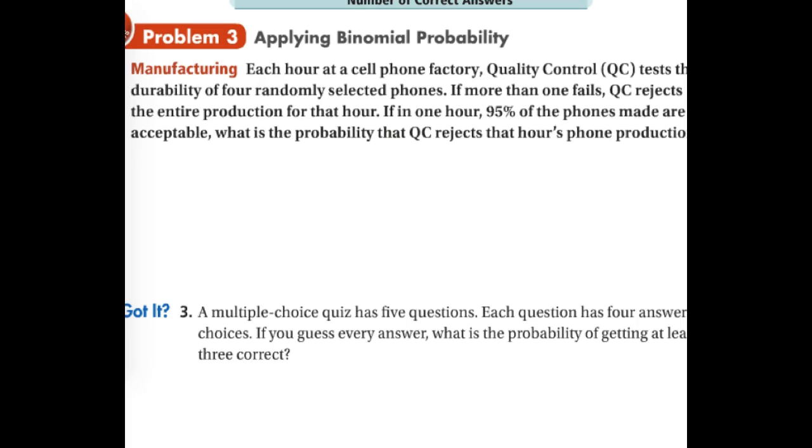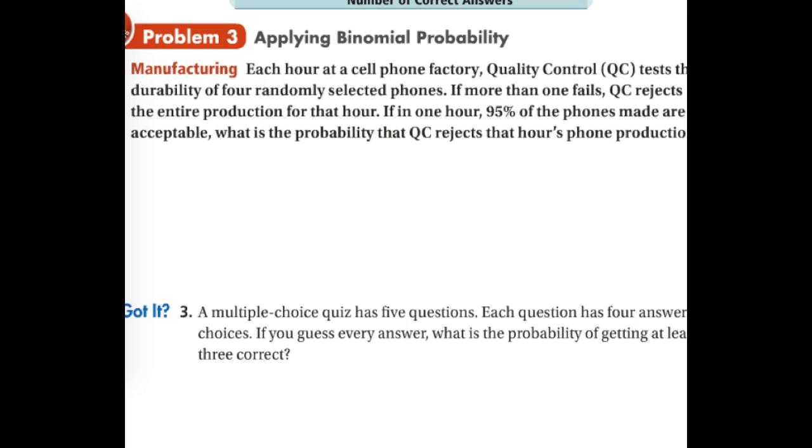So every hour, they're going to pick 4 phones to test. If more than one of them fails, quality control will reject the entire production for that hour. So there's an unknown number of phones made in an hour, right? They're going to randomly pick 4 of them to check.